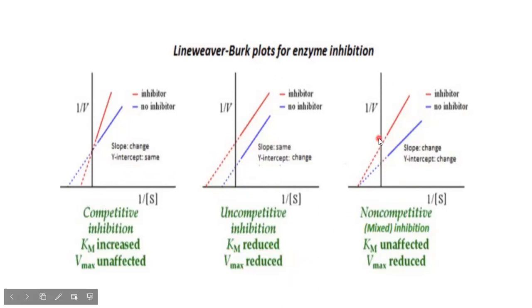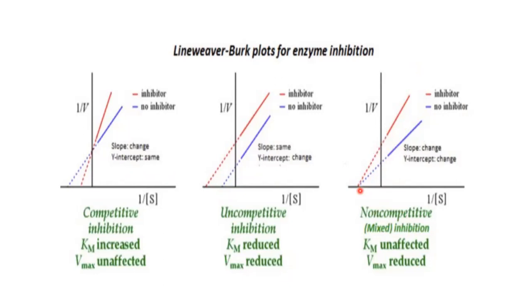We talk about the third type of inhibition, which is non-competitive inhibition. You can see that the intercept on the x-axis is the same, but the intercept on the y-axis is different. The intercept on the x-axis is the same because the inhibitor binds to the enzyme on a site other than the active site.